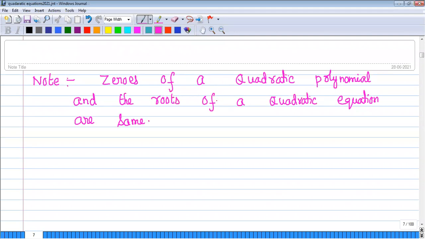Because the statement given in the 10th class examination, a student says that the zeros of a given quadratic polynomial are the same as the roots of a given corresponding quadratic equation.